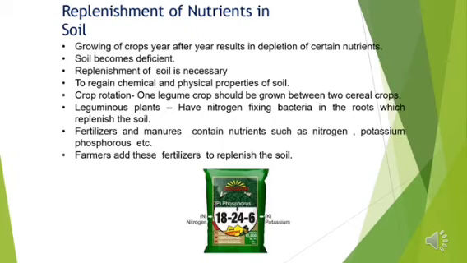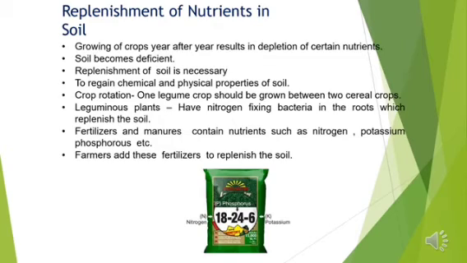Since leguminous plants have nitrogen fixing bacteria in the roots, it helps the soil to be replenished back with the required nutrients. So that is one way that we can replenish the soil, or the soil gets back its nutrients.